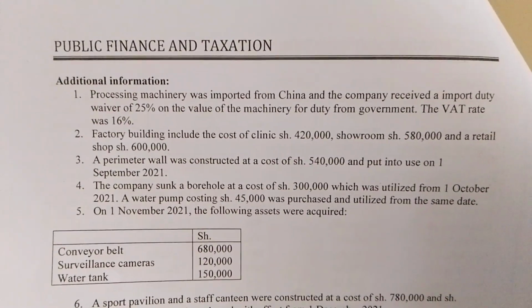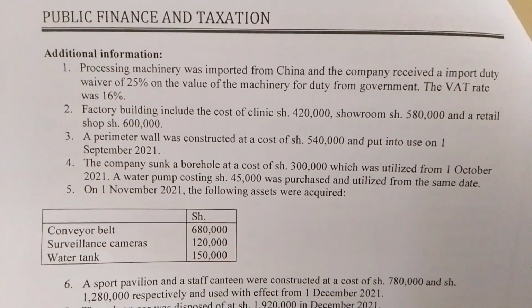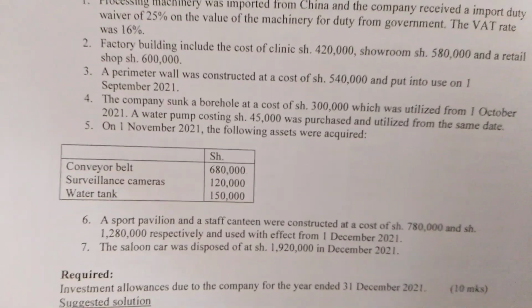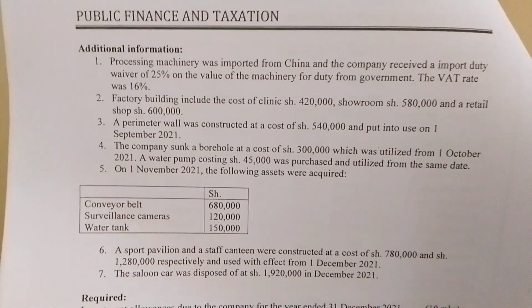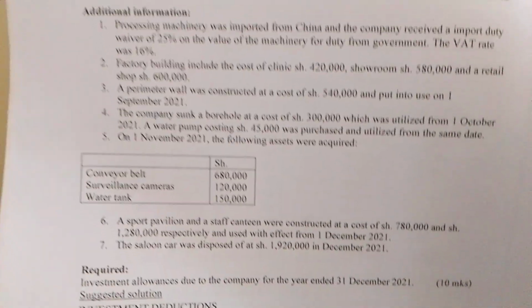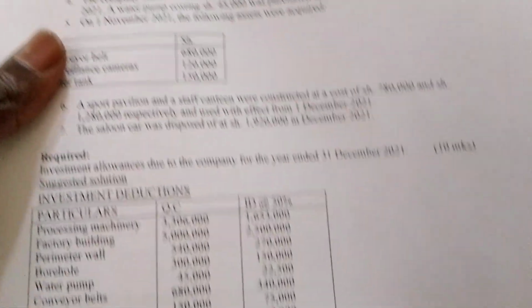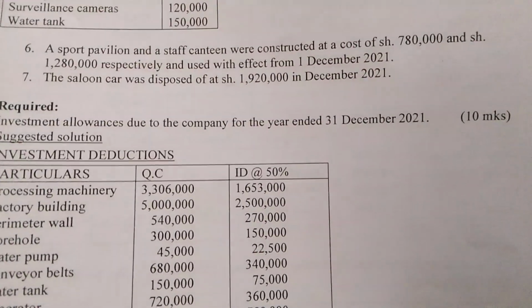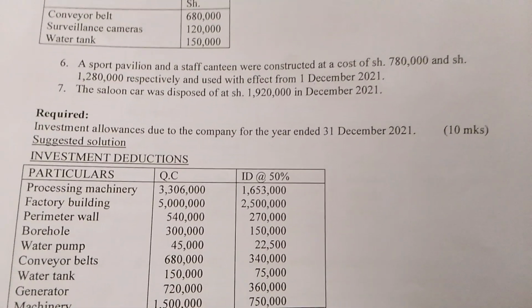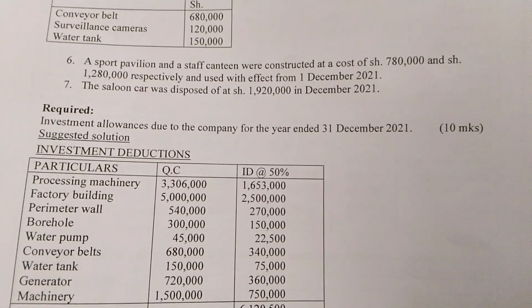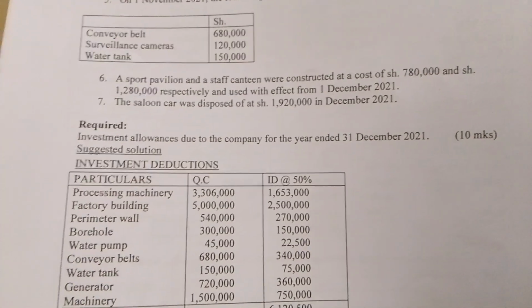Additional information number 1 up to 7. Check the additional information, and then required: investment allowances due to the company for the year ended 1st December 2021.